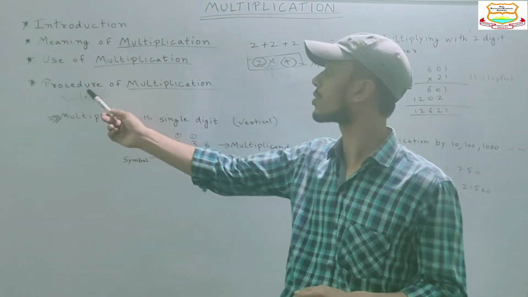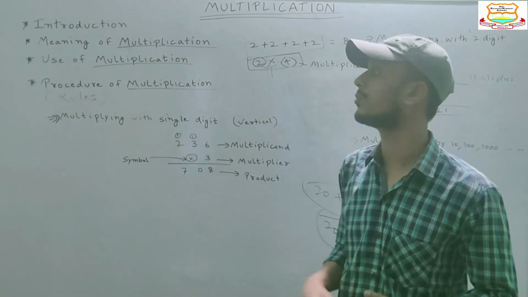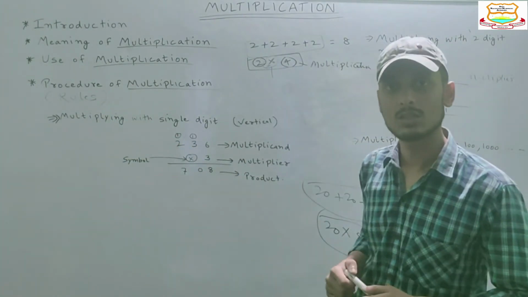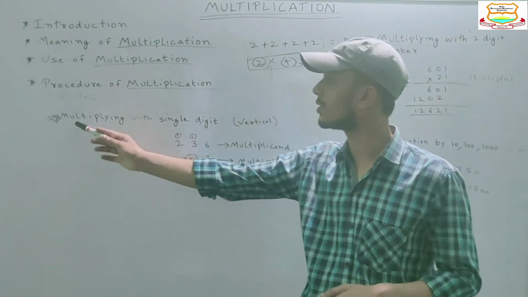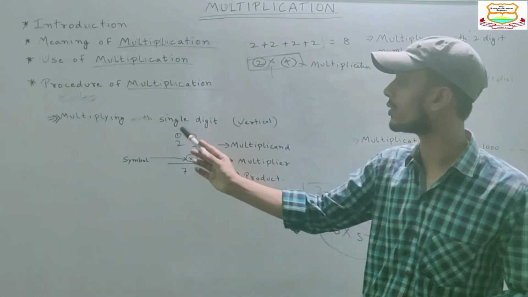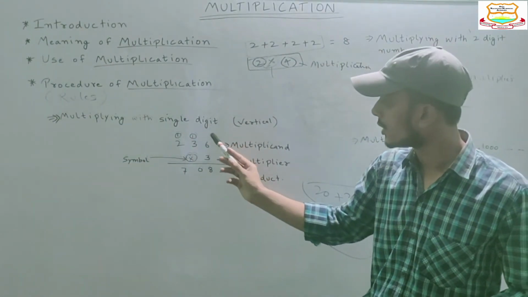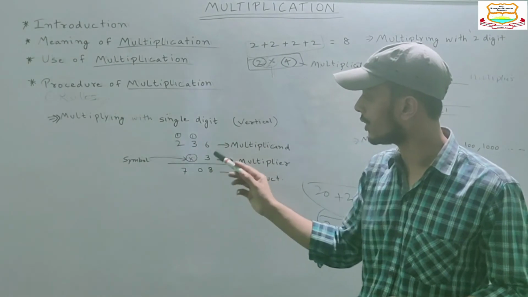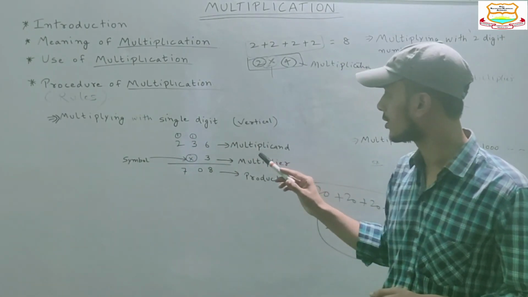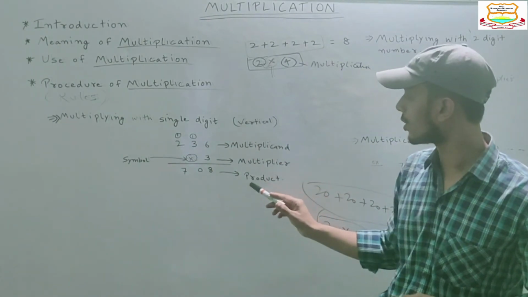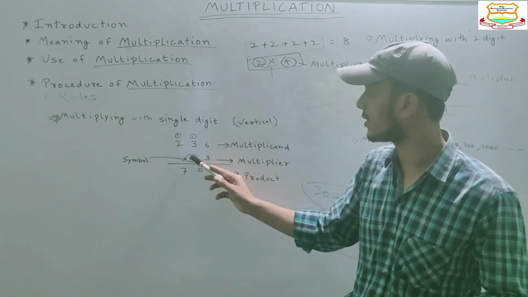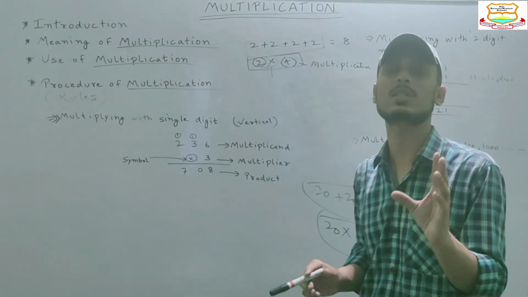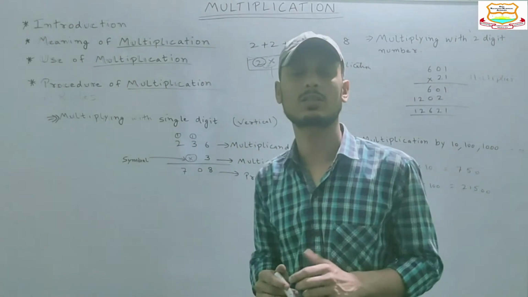Then we saw the procedure of multiplication, meaning what the rules are. Under this topic we learned how to multiply with a single digit. In this example we learned what the multiplicand is, what the multiplier is, what the product is, and this is the symbol. X is the symbol of multiplication.